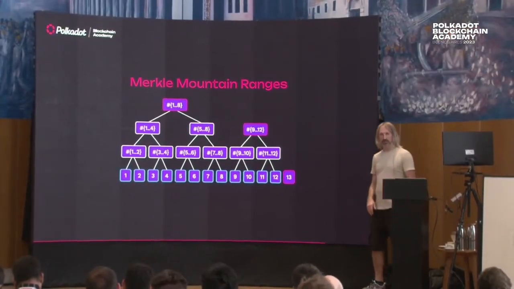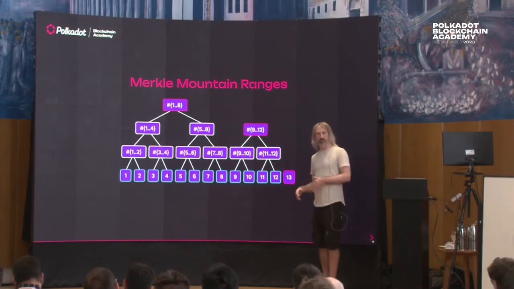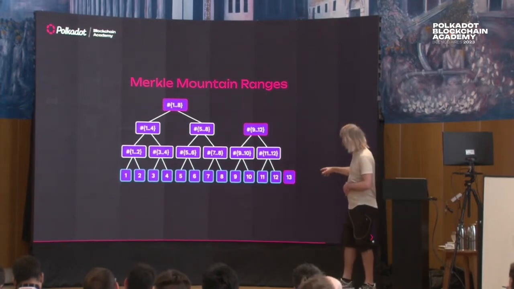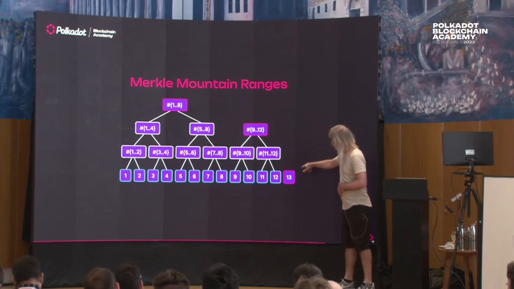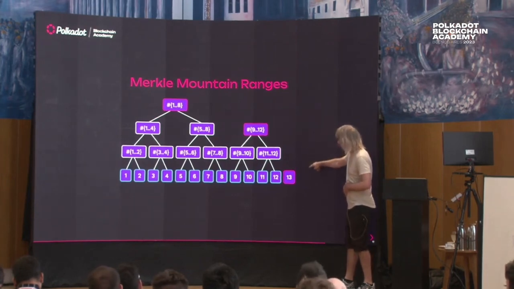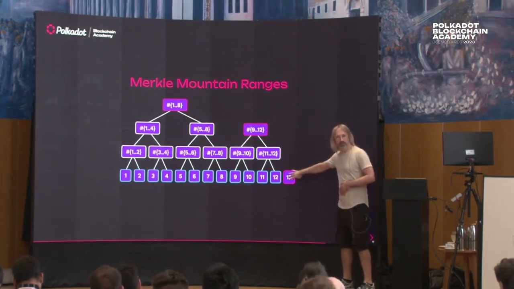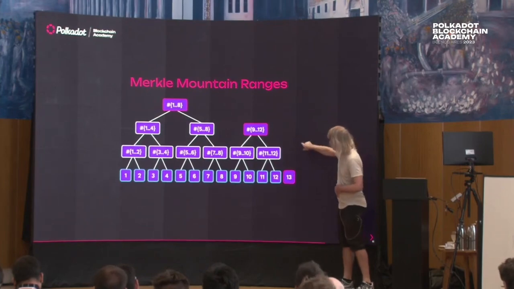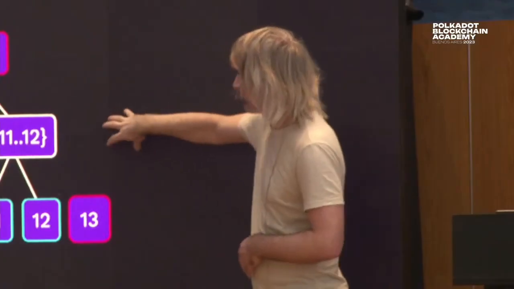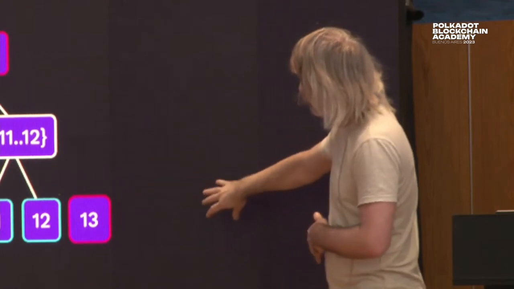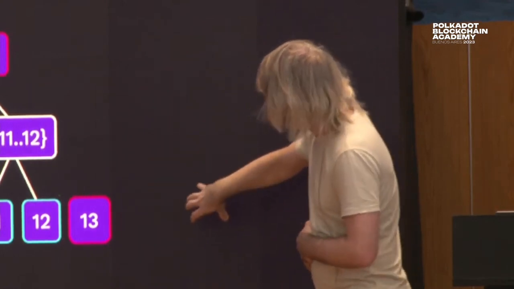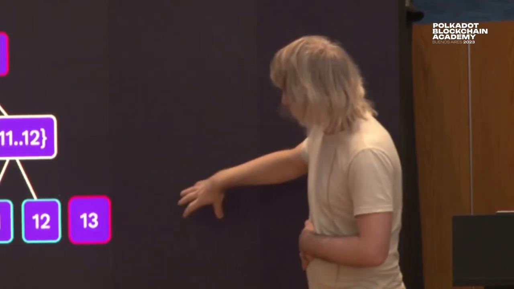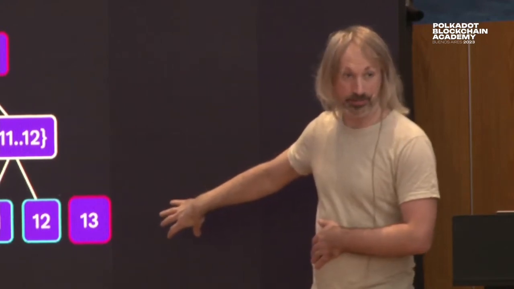Now, when we add a new item into this sequence, 14, we will make a new tree of 2 items, and the hash is stored here. When we add a 15, 13 is just a lonely item on the end, and 15 will be a lonely item on the end.